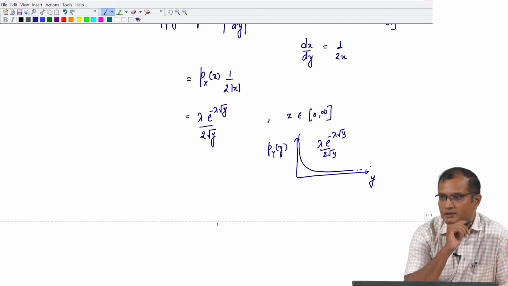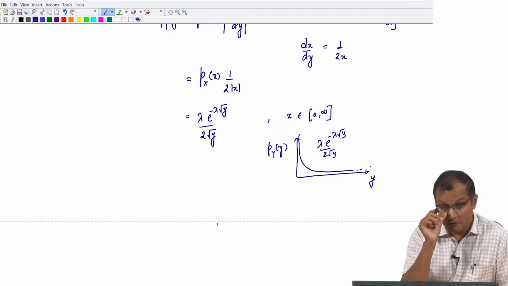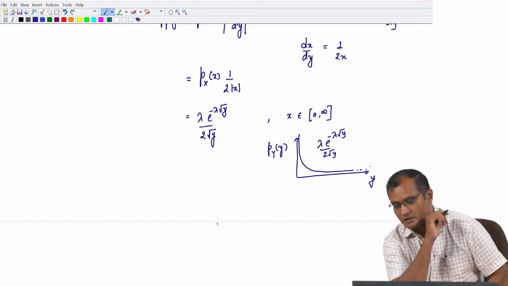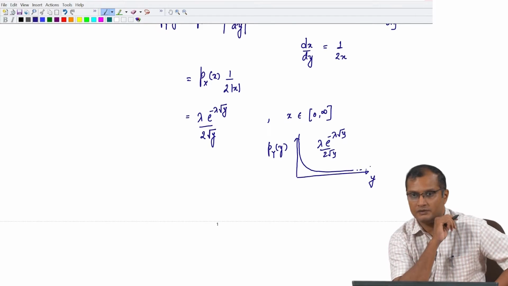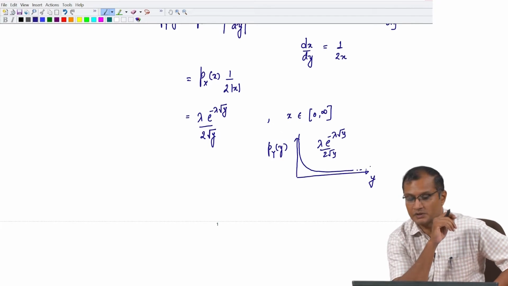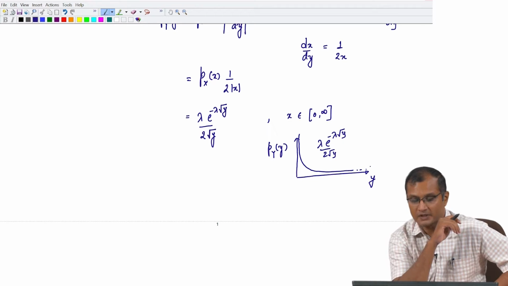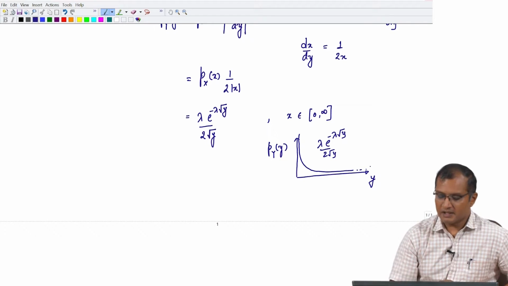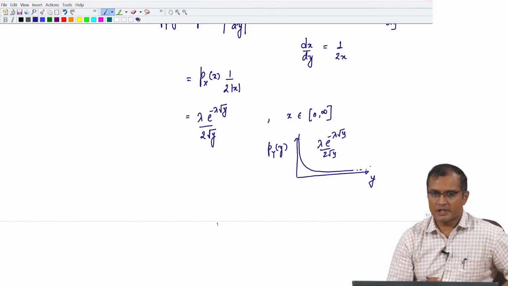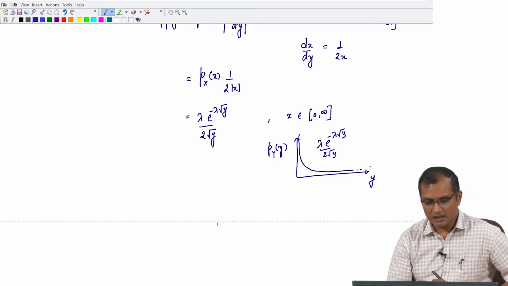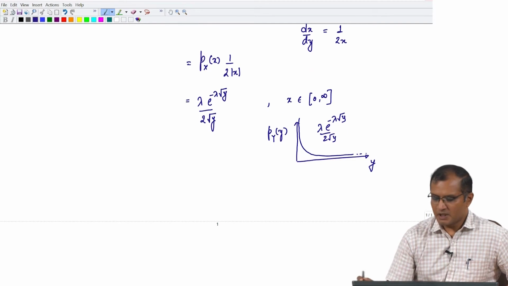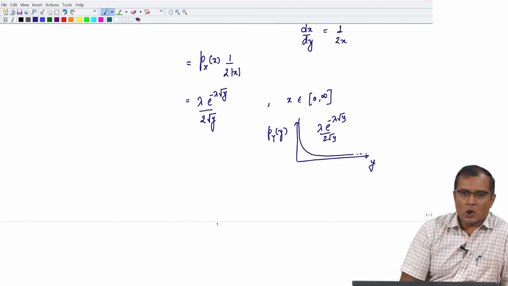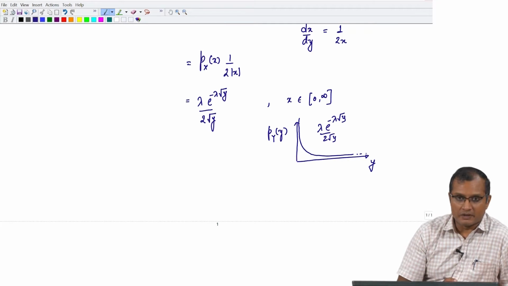As y goes to 0, the numerator goes to 1, the denominator goes to 0, so the PDF becomes infinity. So, there is a singularity at the origin, but it does not pose any problem. This is an integrable singularity, and by integrable singularity I mean I can immediately find out the norm of this PDF and show that this is well behaved.